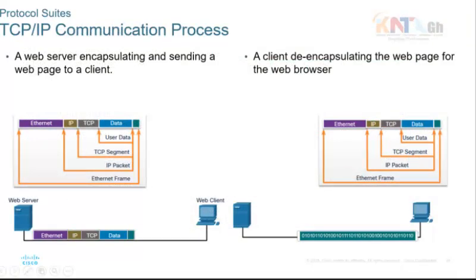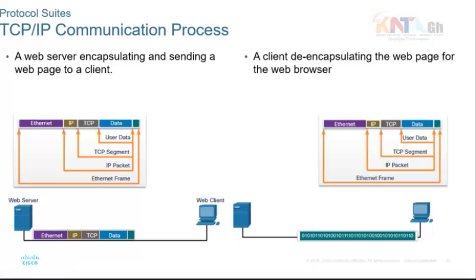So the TCP/IP communication process. Now, a web server encapsulating and sending a web page to a client. So here, this is a web server. This is a web client. The web client requests a web page, and then the web server is encapsulating it to be sent to the web client. The data itself that is supposed to be sent is the user data.